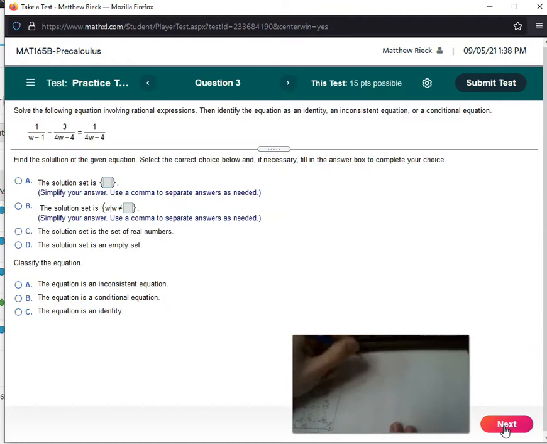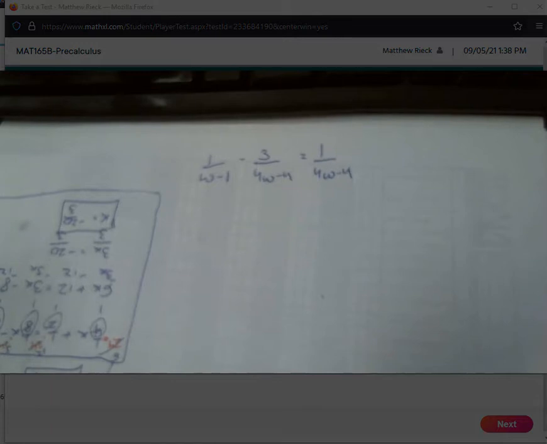So you have 1 over w minus 1, minus 3 over 4w minus 4, equals 1 over 4w minus 4. Again, the first step is to get rid of the fractions by multiplying by your least common denominator.